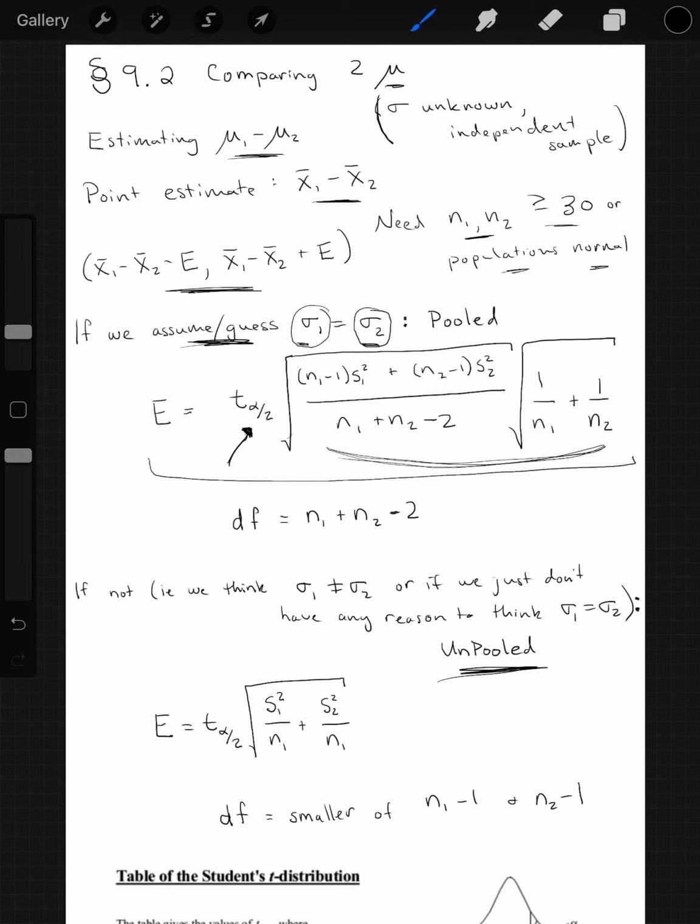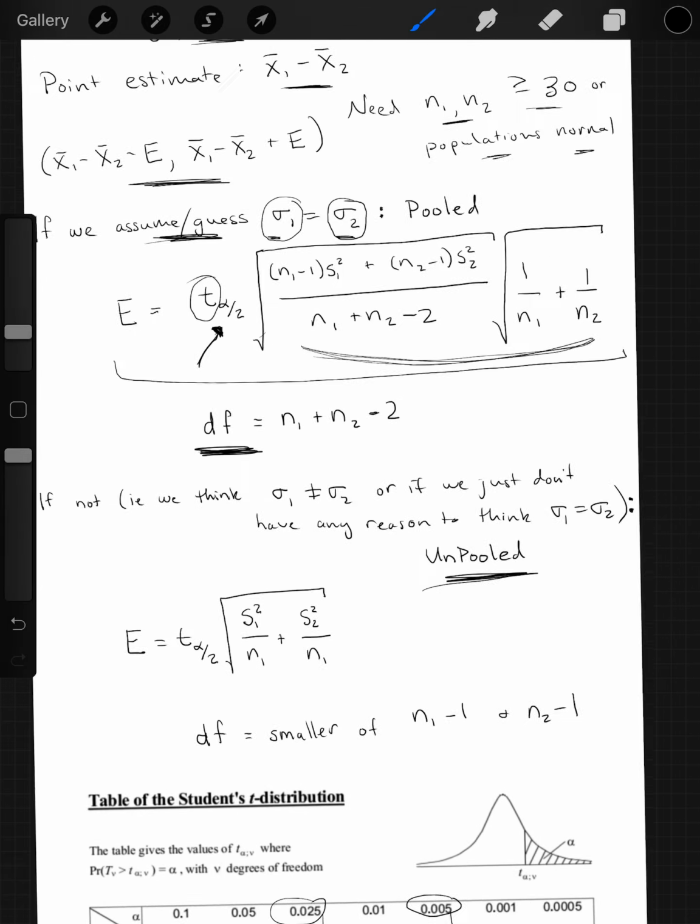And every time we talk about t, if we ever mention that we need a critical t value, we have to know what the degrees of freedom are, right? So for every problem when we're dealing with comparing 2 means, when we don't know sigmas, then we have to figure out what the degrees of freedom are, right?